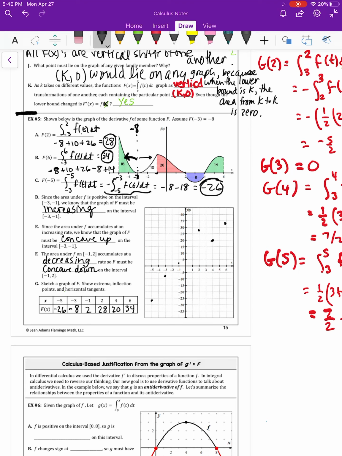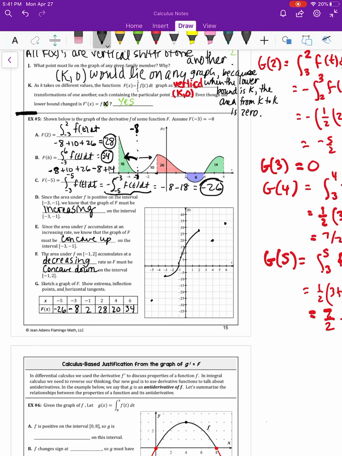Remember, they said that from negative 3 to negative 1, we have concave up and increasing. And so I know that you could probably go like that from negative 3 to negative 1. We talked about from negative 1 to 2, we had concave down and decreasing. So we could have gone like that, and that was concave down.